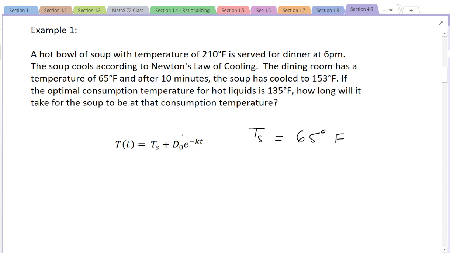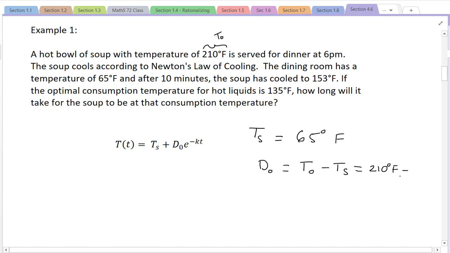I also need to know what D naught is. D naught is the initial temperature of the object minus the temperature of the surrounding environment. The object in this case is the soup, and the soup came out with an original temperature of 210 degrees. So this is 210 degrees Fahrenheit minus that of the surrounding environment, 65 degrees Fahrenheit.